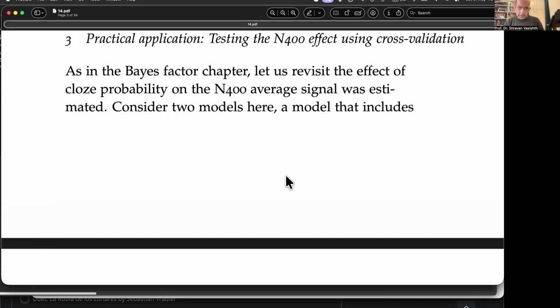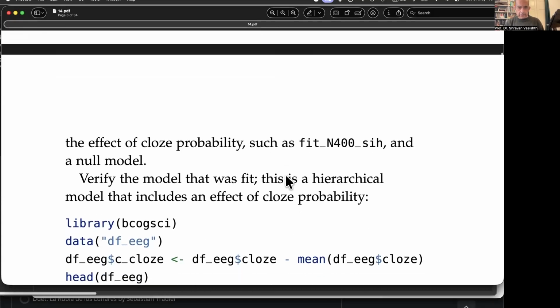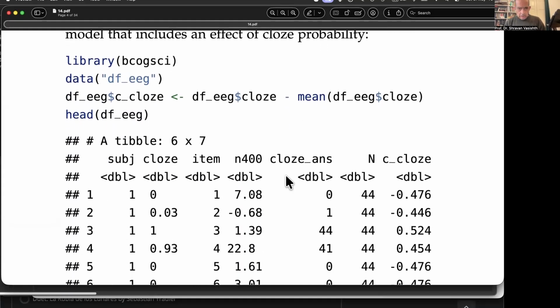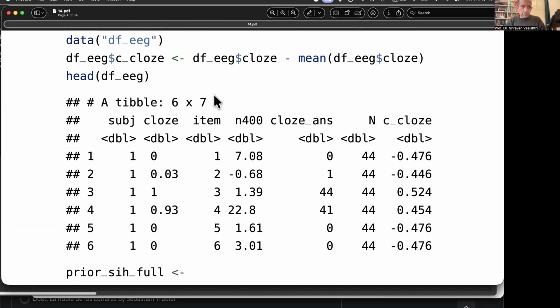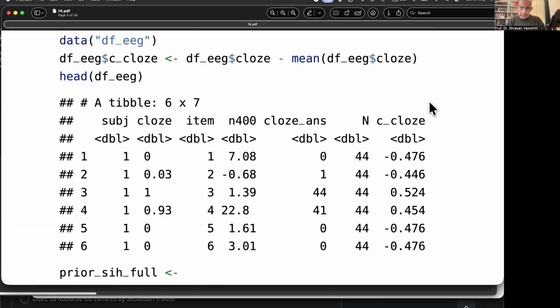So the predictor here is the cloze probabilities, centered, of course, right? Just like before, we're centering the cloze, and what we want to know is if there's an impact of the centered cloze on the N400 signal.